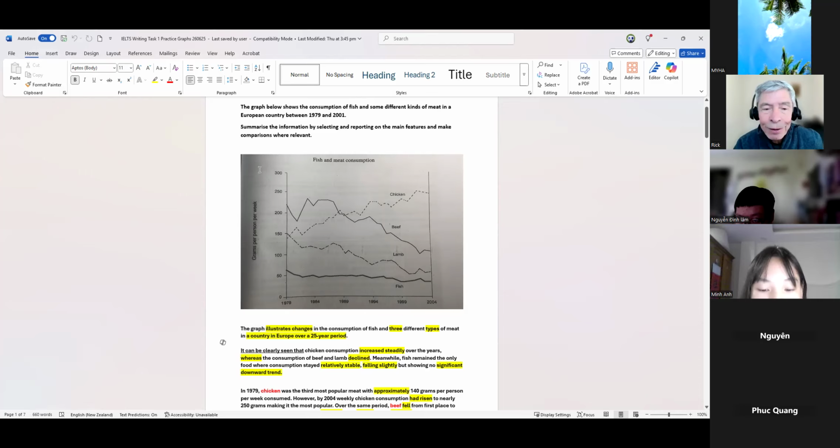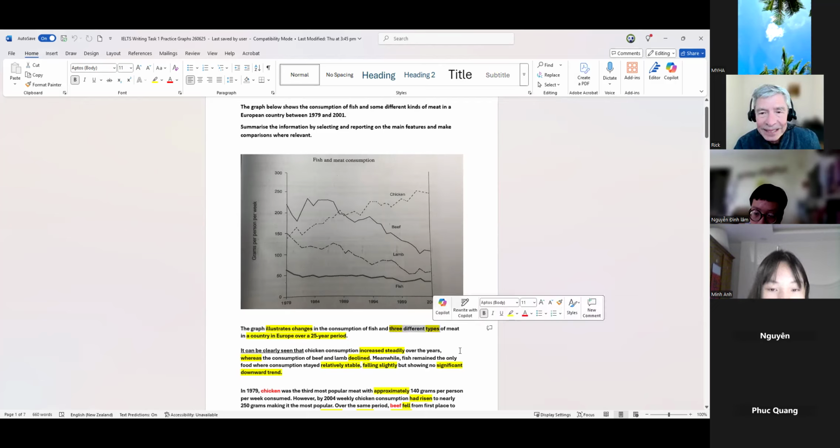Instead of saying shows, the paraphrase says illustrates, means the same thing. Instead of saying some different kinds of meat, the paraphrase says 3 different types of meat. Instead of European country, the paraphrase says a country in Europe.